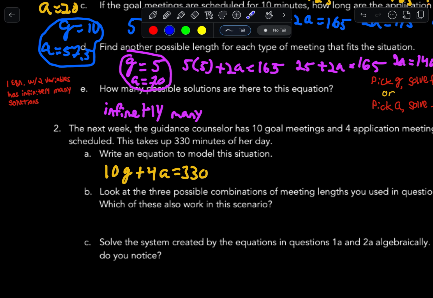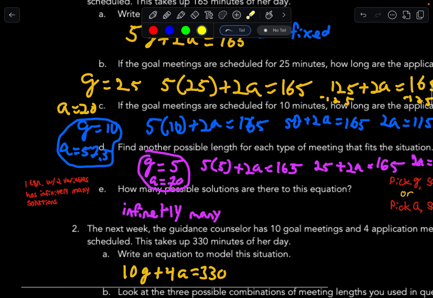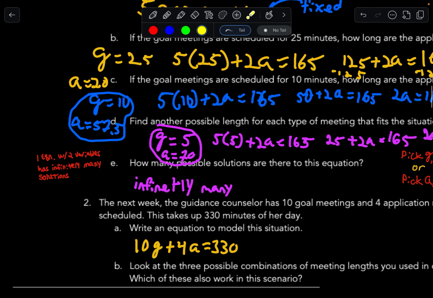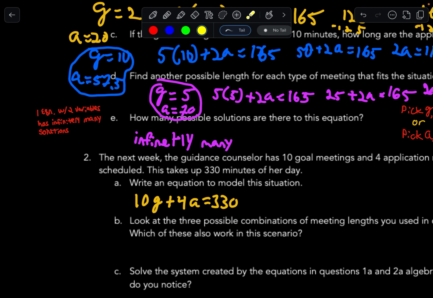So let's try each one of these. We're going to do the first one that we got, G is 25, A is 20.